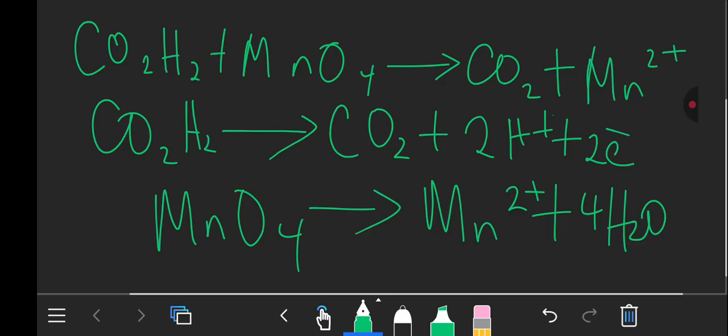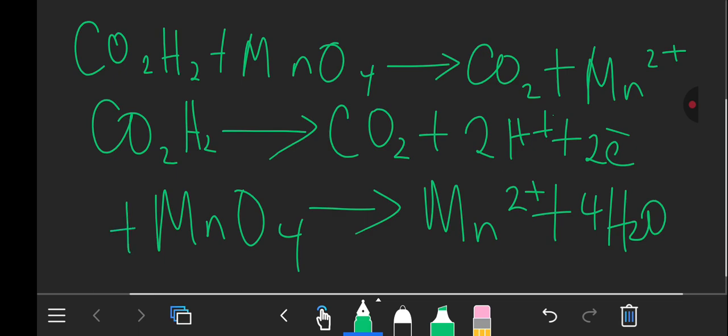So what are we going to do to the charge? We're simply going to add the electrons. So we're going to add now 2 electrons, but you see here the hydrogen atoms have increased. There are now 8 hydrogens here on the product side, so we need to balance also the hydrogen on the reactant side.